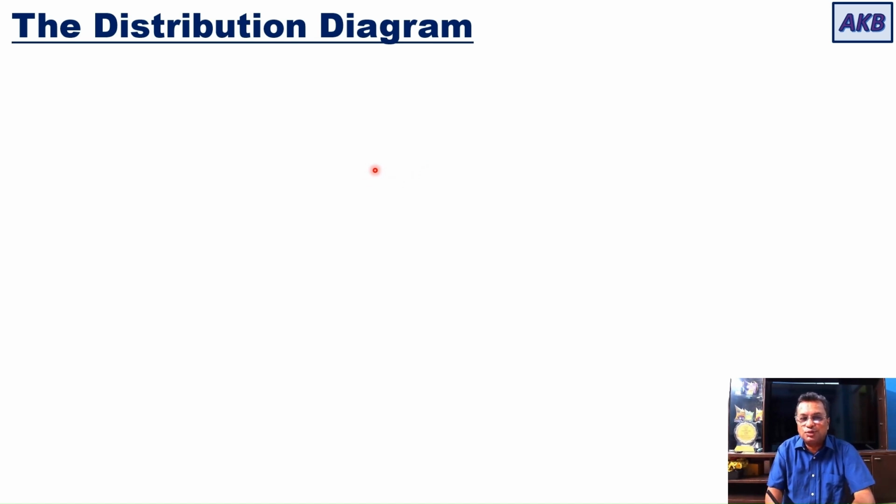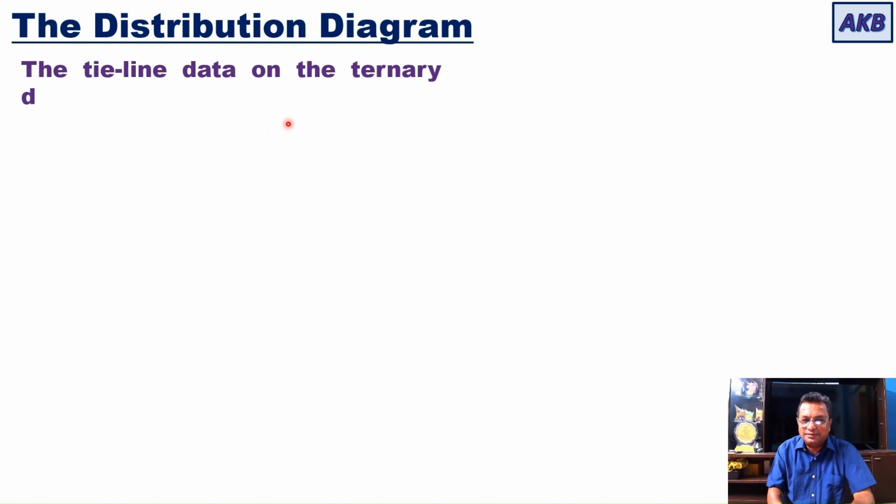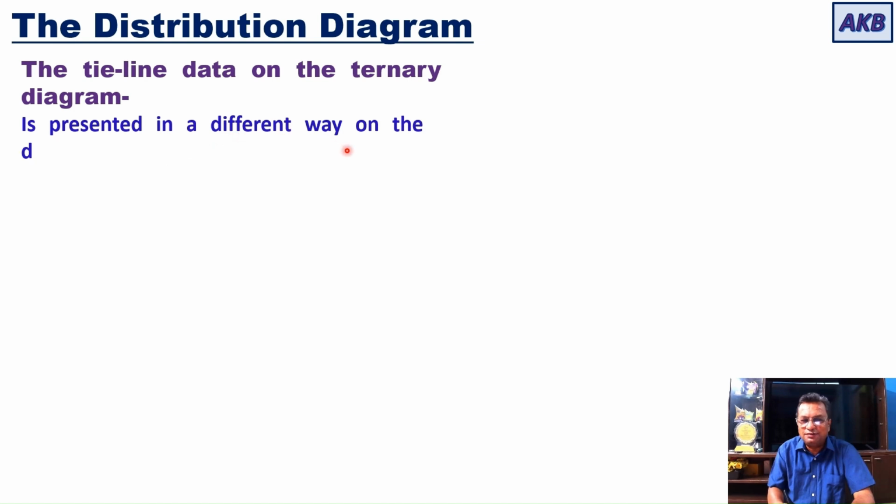Now let us talk about the distribution diagram. The tie line data on the ternary diagram, the tie line data on the equilateral triangular coordinates, can be presented in a different way on the distribution diagram.